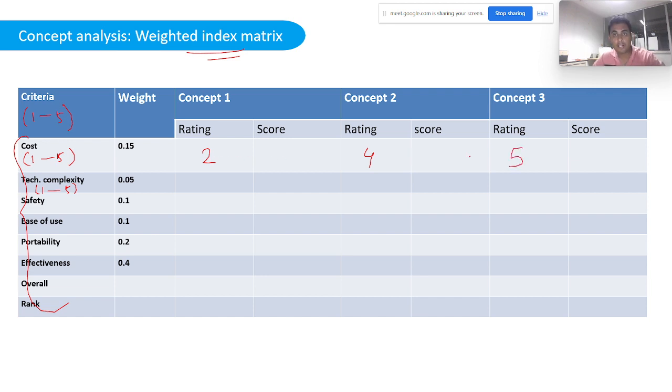So you compare across the criteria, comparing all the concepts horizontally for a particular criterion. Similarly, technical complexity: you say this is very easy, so you say 5. Similarly, concept 4 is medium, and concept 2 is very difficult, so 2. So likewise, you provide various comparative scores for these concepts.